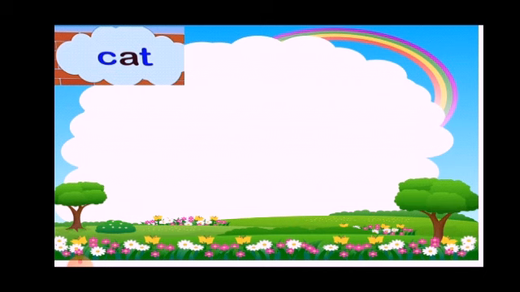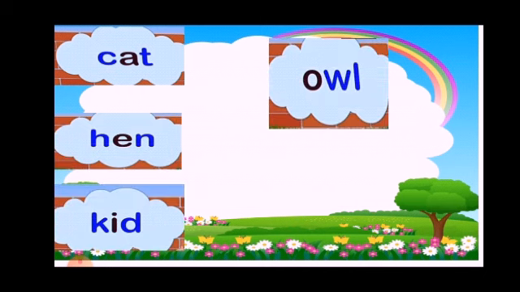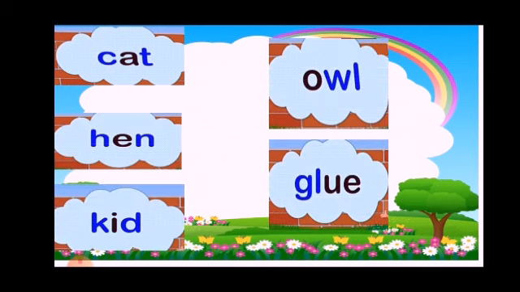For example, cat, hen, kid, owl and glue. Here C-A-T, C and T are consonants. H-E-N, here H and N are consonants. K-I-D, kid, here K and D are consonants.